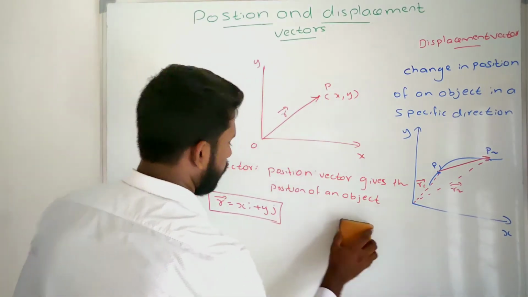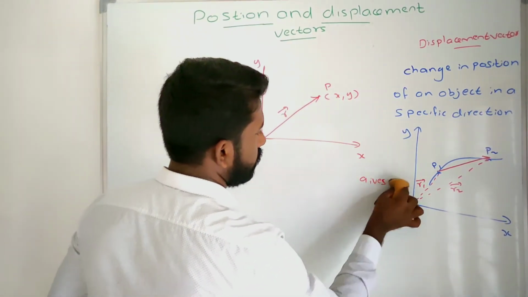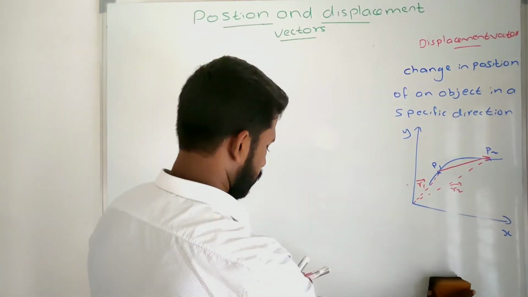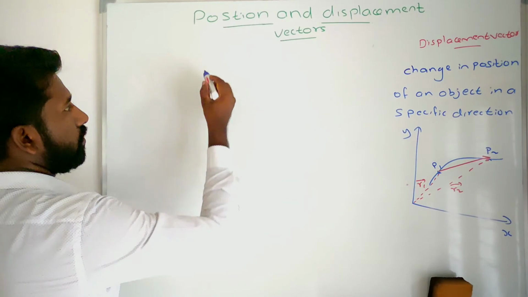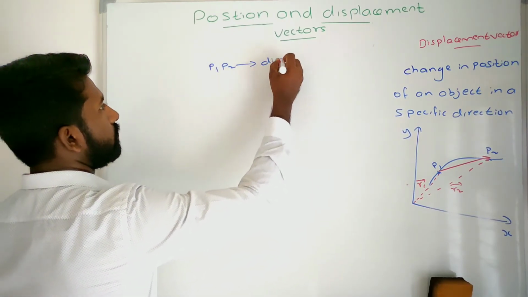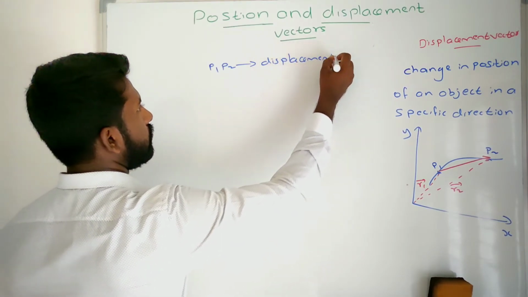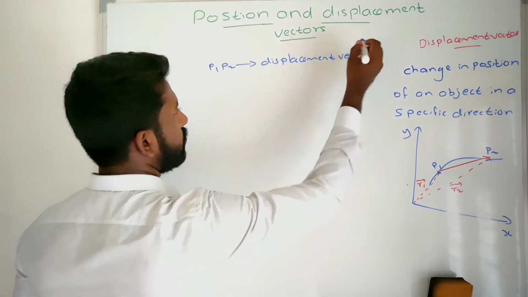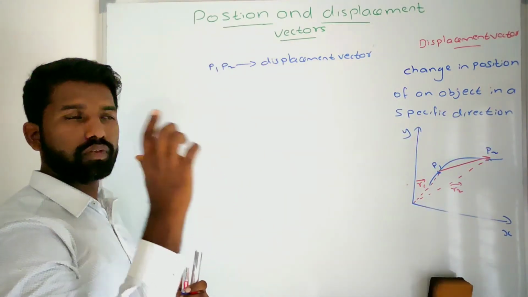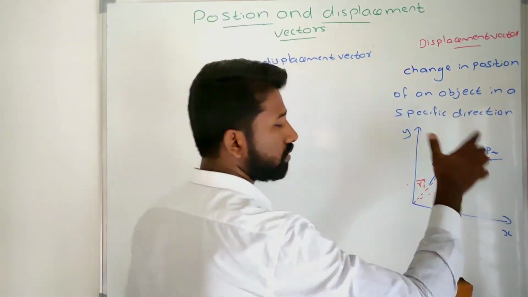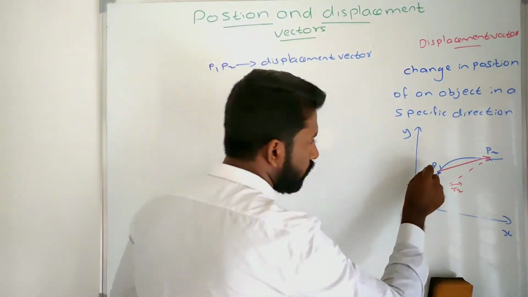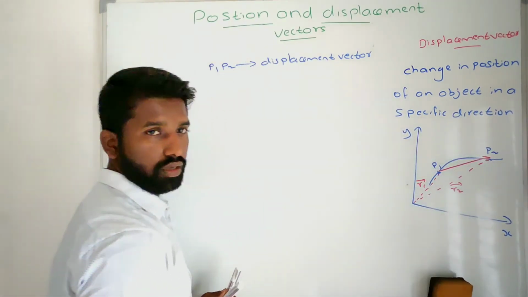Its magnitude gives the magnitude of the displacement, and its direction is the direction of the displacement, always from the initial point towards the final point.